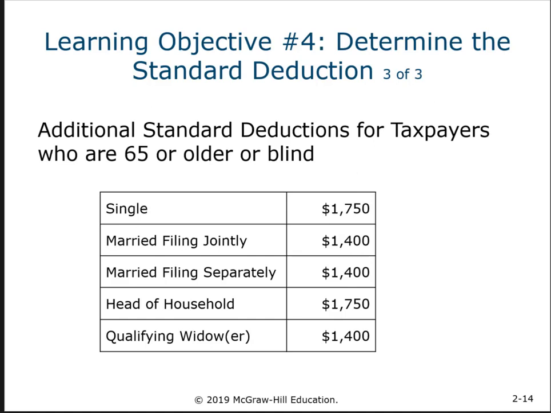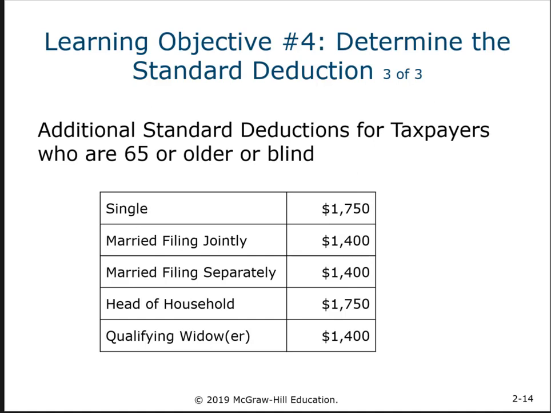If you're married filing jointly, then you start with the married filing jointly amount of $25,900 and add $1,400 for each of the two taxpayers who are over 65 or blind.